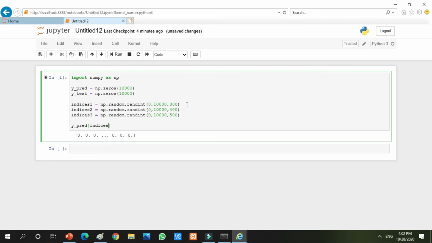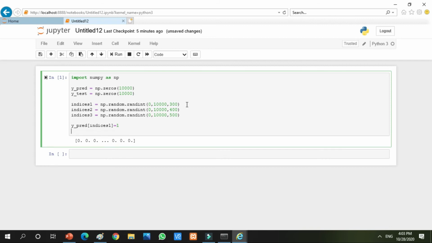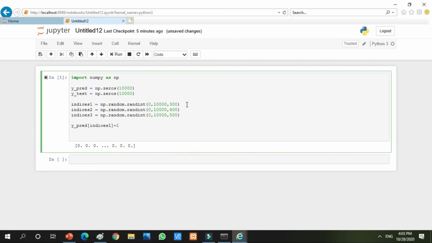I have written y prediction, and inside the square bracket I have written indices 1 equals 1. What it will do, it will automatically go inside the y prediction variable and convert the 0 values to 1. Let us see the output so you can get what is happening inside it.